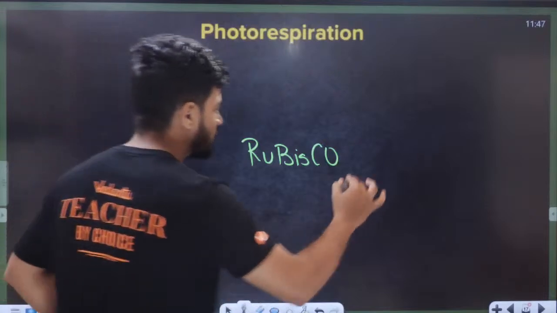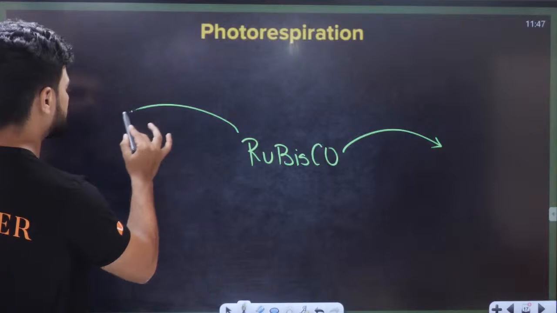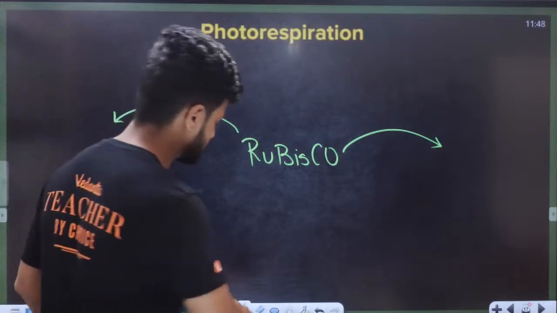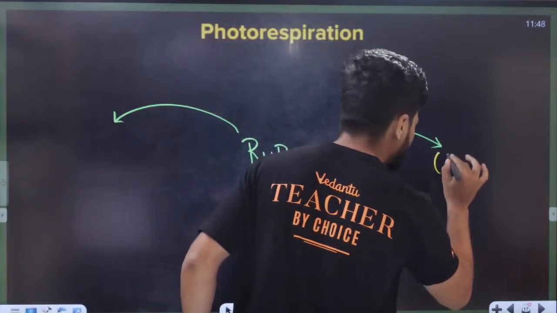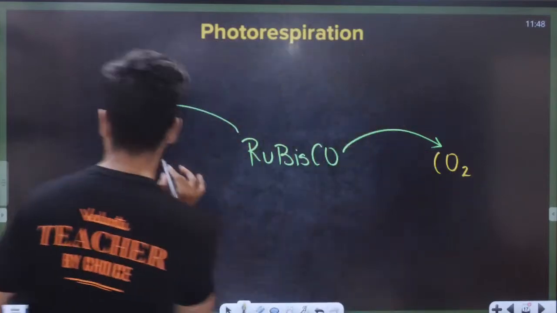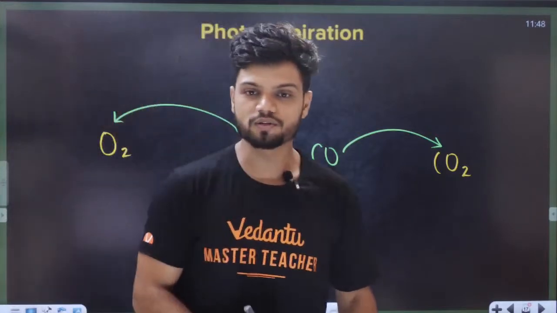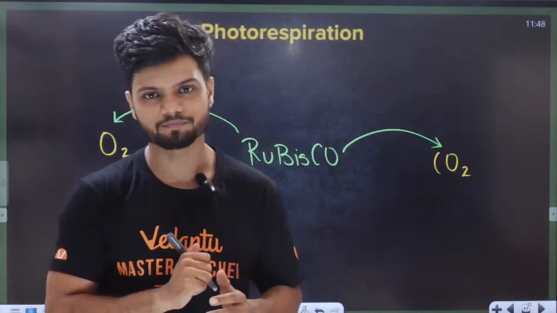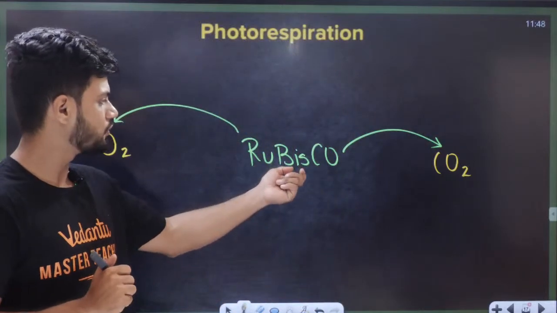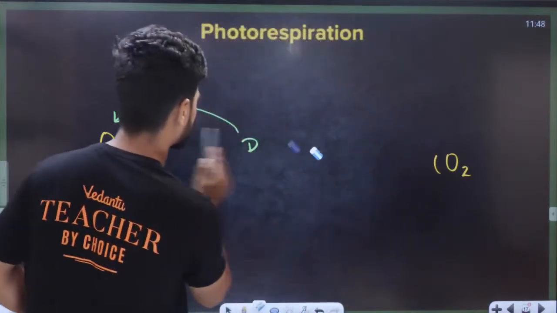Now, on this side and this side, I have two people. Here I have your CO2. Here I have your oxygen. So this Rubisco, students, has two main options here. It is called ribulose bisphosphate carboxylase oxygenase.